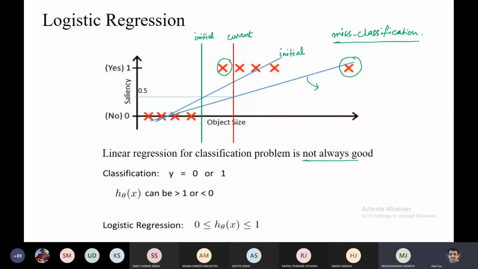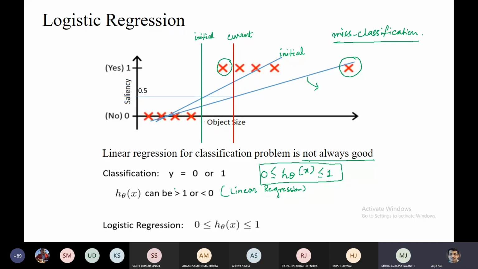The thing is that h theta x can be greater than 1 or less than 0 in linear regression. But logistic regression always keeps h theta x between 0 and 1, which is good enough for classification.